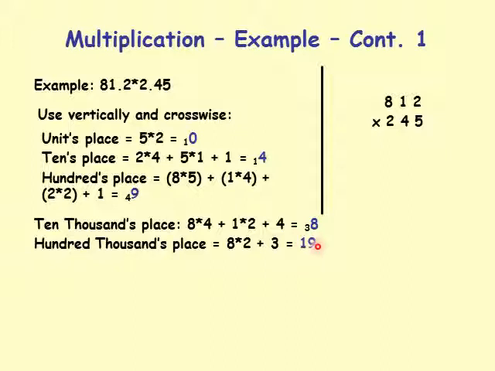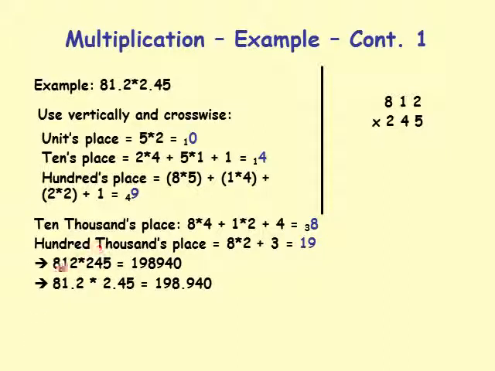We just say 19 here. So the result is 812 times 245 is 198,940. Okay, and we say 81.2 times 2.45 is that number with the decimal in it before the 9: 198.940. Let us continue here.